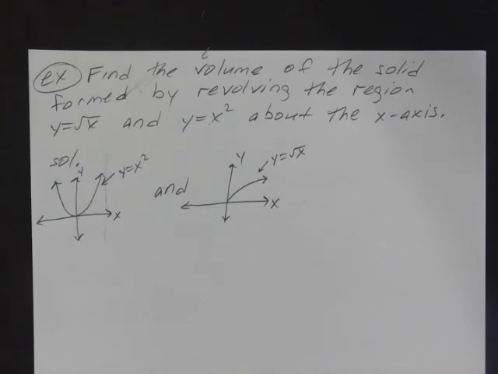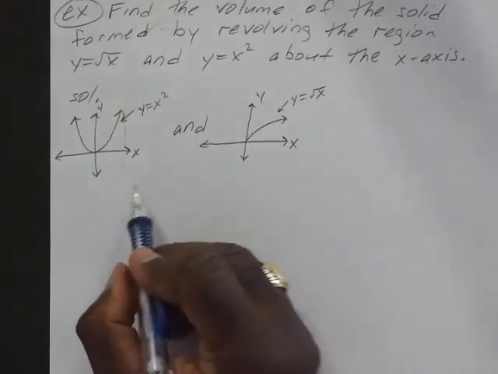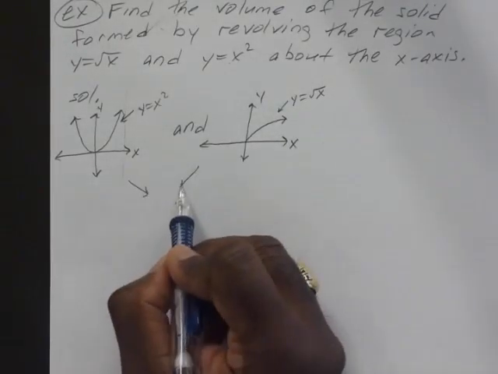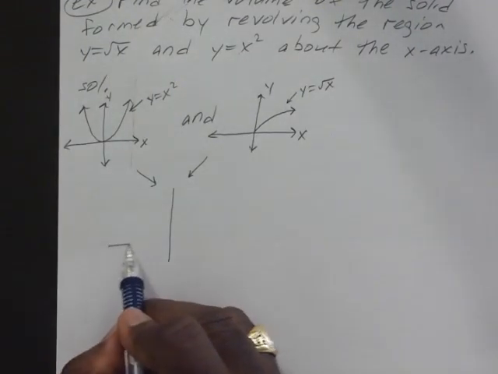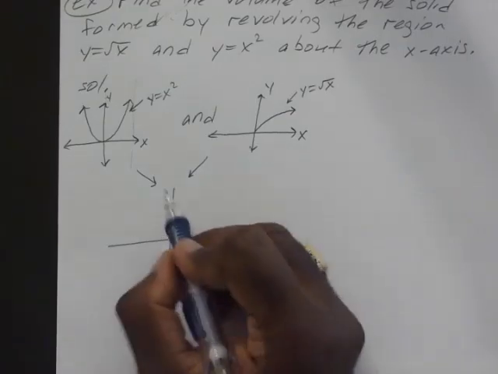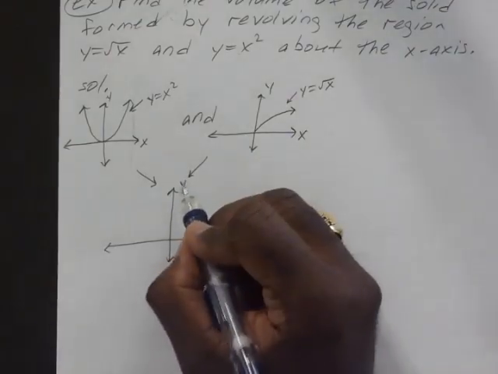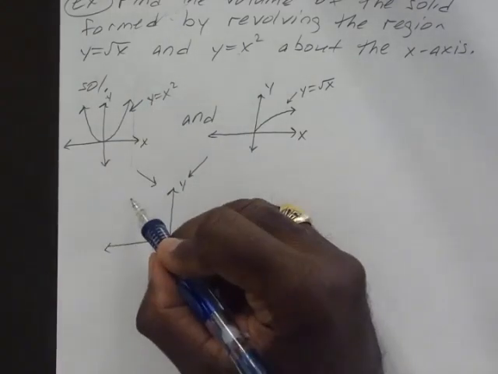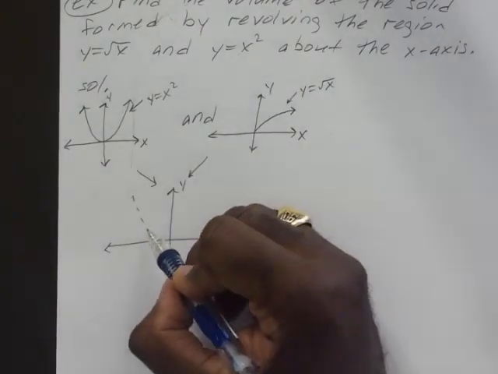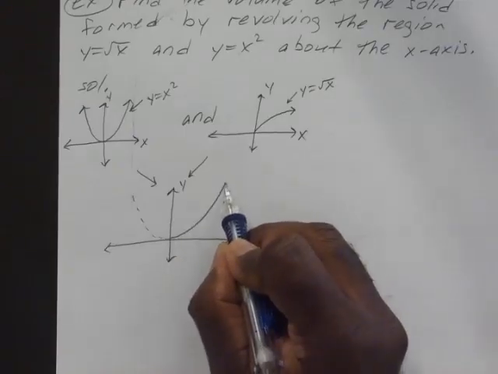So we are going to take both of those graphs and put them on the same plane. If we take y equals x squared, on this side of it, I'm just going to draw it dotted, and then finish the rest of it solid.